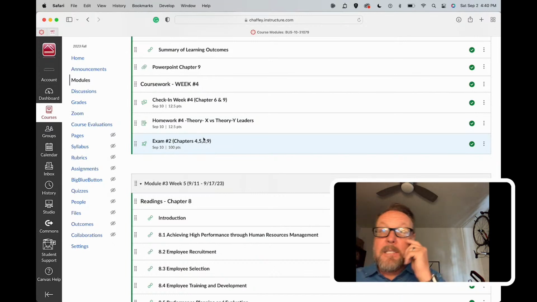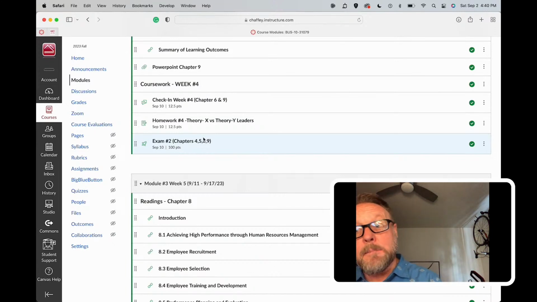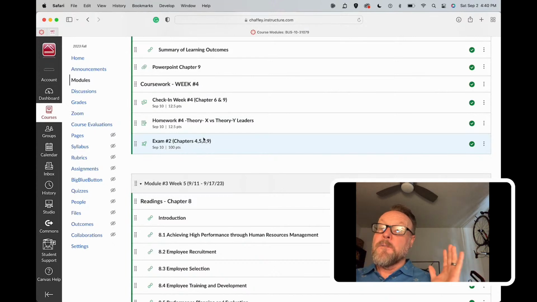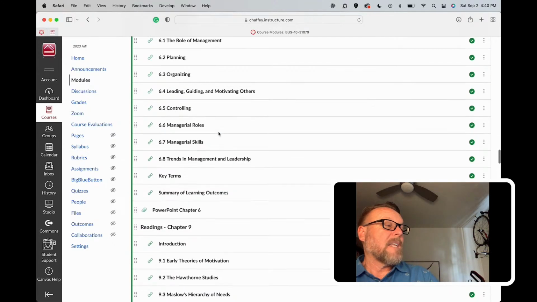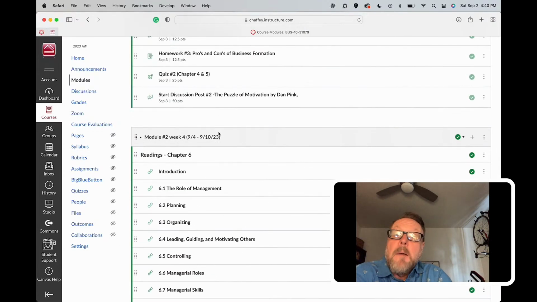Theory X basically believes that people need a lot of persuading and a lot of motivating to get them to do anything, sometimes even punishment. Theory Y believes, no, people are already driven. You just need to give them the resources, tools, and coaching they need to do their job. So it's really an evaluation of what kind of leader you are. Please take that assessment and make sure you post the page that has your results on it.